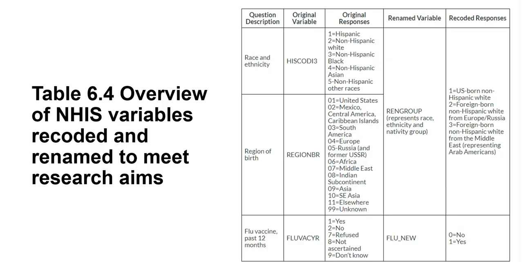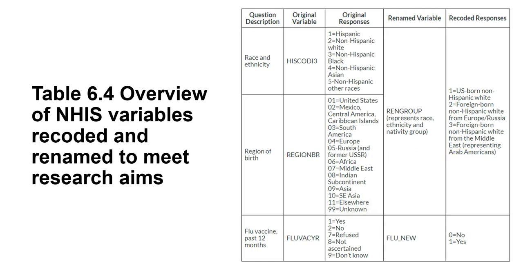So Table 6.4 has an overview of the NHIS variables recoded and renamed to meet the research names in the survey case study. Here you can see I've used the race and ethnicity as well as the region of birth variables to create the renamed variable with the categories needed for the case study.